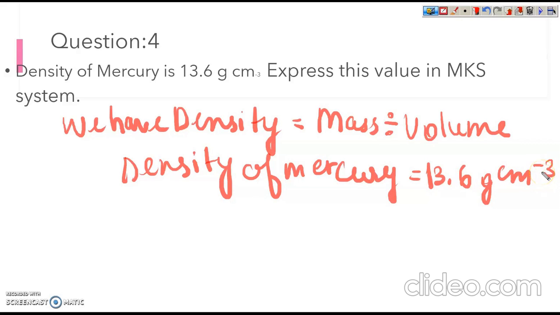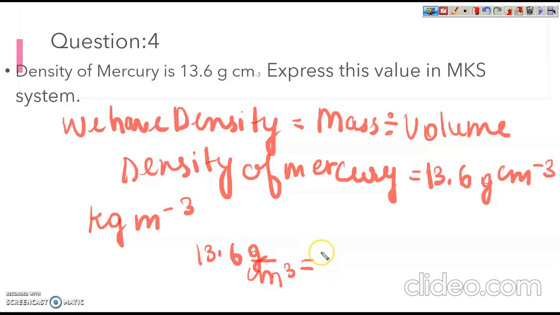In MKS system, we have to find the density in kilograms per meter cube. So it will be 13.6 gram over centimeter cube, which is 13.6 multiplied by 10 to the power minus 3 kilogram over 10 to the power minus 2 meter, whole cube.